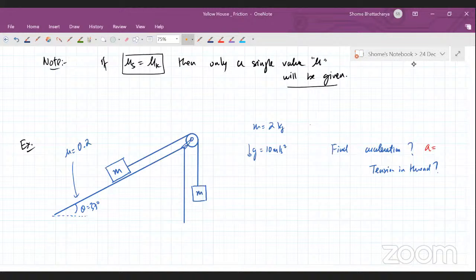Let me check. So you should be getting this as the answer for acceleration. Tantresh, your answer is correct. Good.